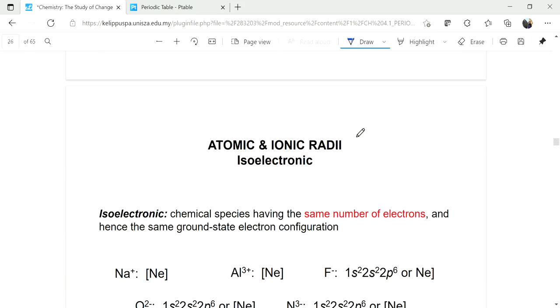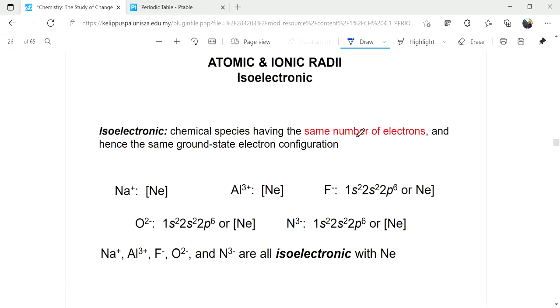Okay, next we go to isoelectronic. So this is important. What are isoelectronic species? Isoelectronic species are chemical species that have the same number of electrons.